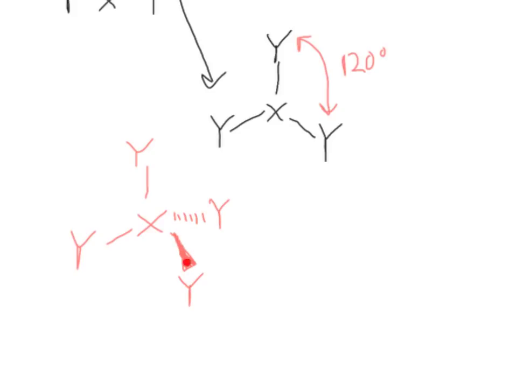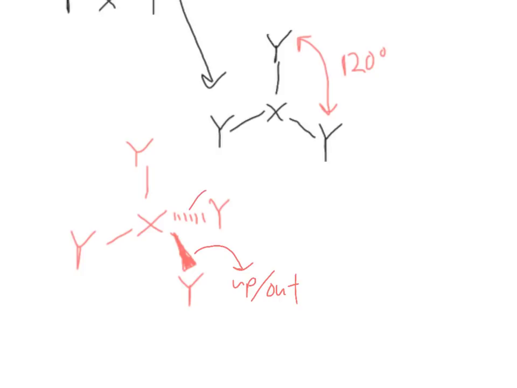A wedge means that this bond is coming up at your eye. So wedges mean that bond is coming up or out of the screen or paper.